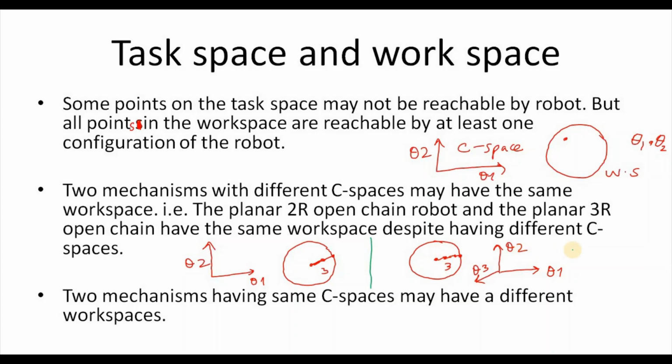This one has three links, three revolute joints, a 3R robot, but this one has 2 links, so 2R.